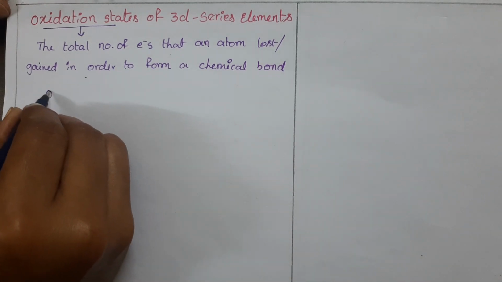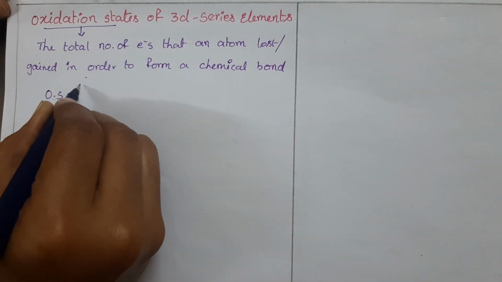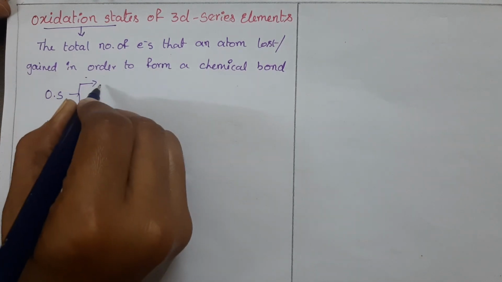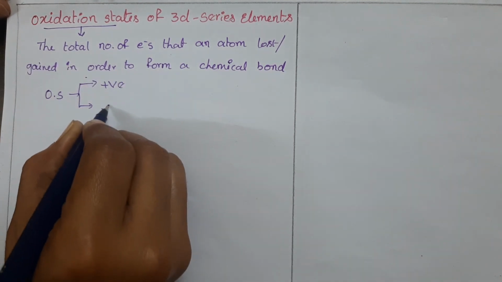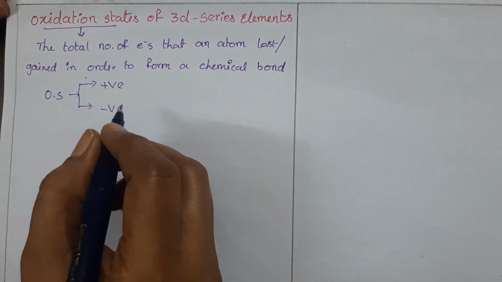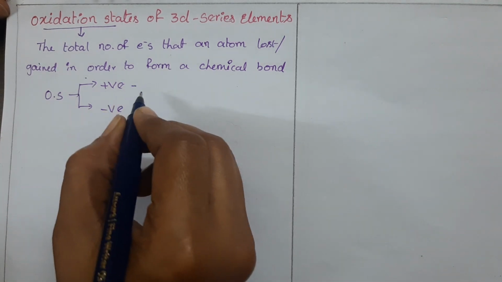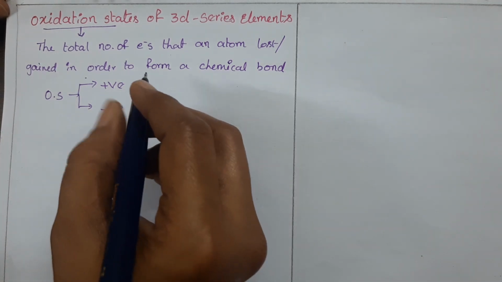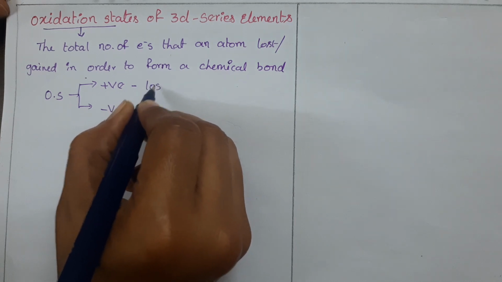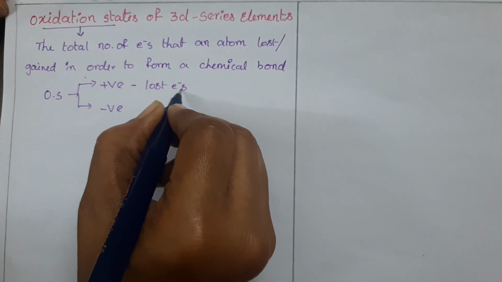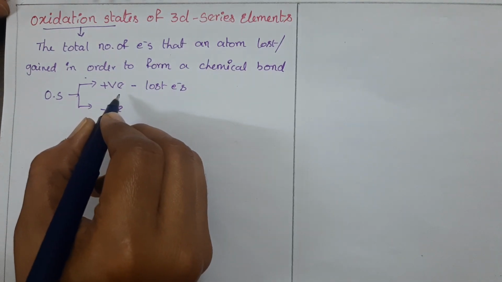So here an element can show two types of oxidation states. One is a positive oxidation state and another one is a negative oxidation state. When it loses electrons for the formation of a chemical bond, it can show a positive oxidation state.